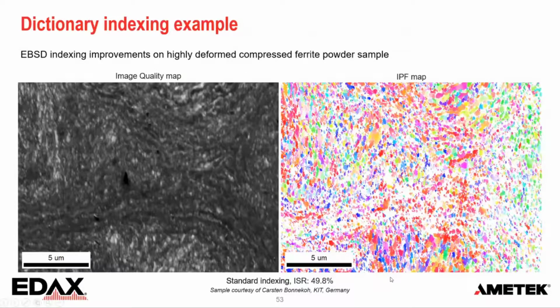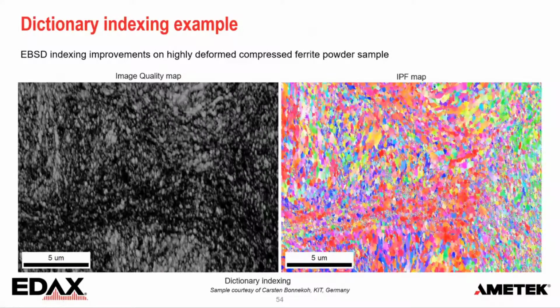When I apply dictionary indexing to this exact data set, I get this. So the image quality map looks different because it's based on the Hough transform, which we don't have for the dictionary indexing. It's a different algorithm. But if you look here at the IPF map, you can see that the noise areas are much, much smaller, and we have a really nice coverage of properly indexed grains.